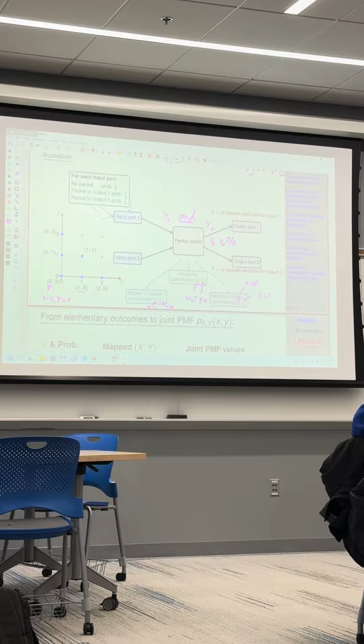This coordinate means the number of packets in output port number 1 is 1, and in output port number 2 is 0. But 2,0, what does that mean?